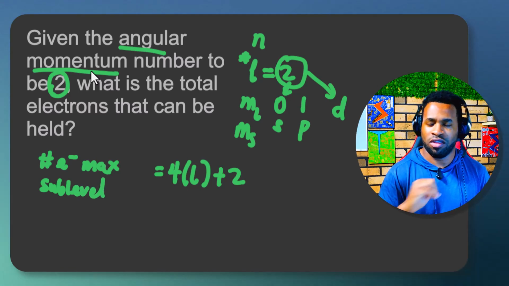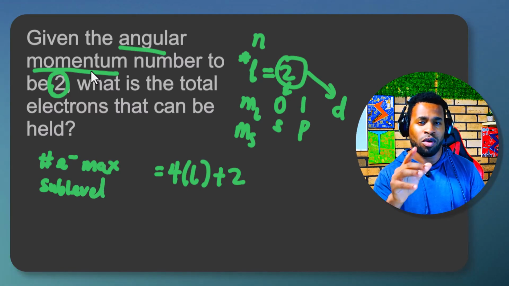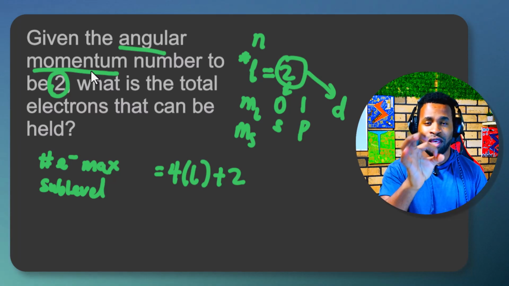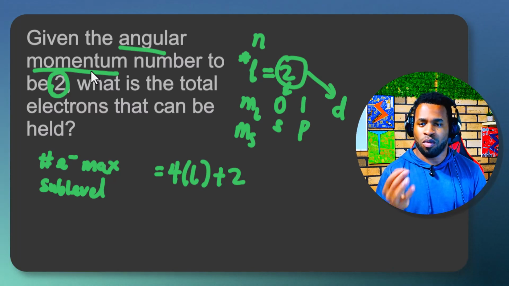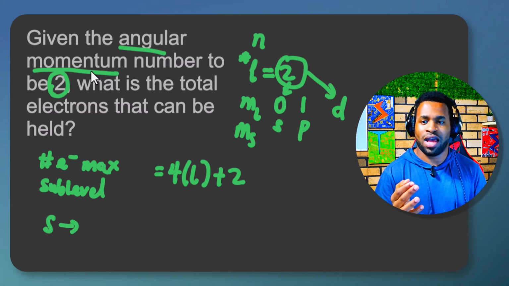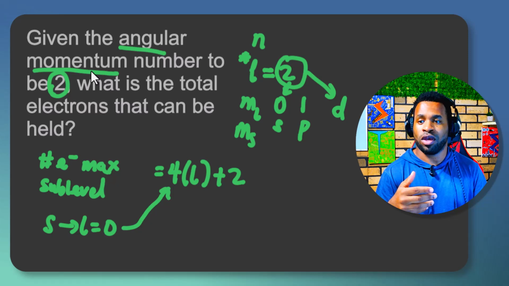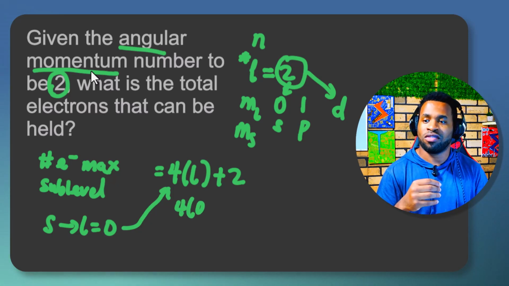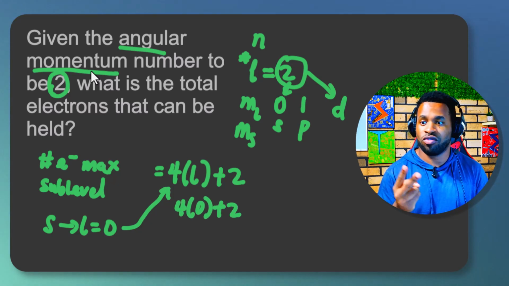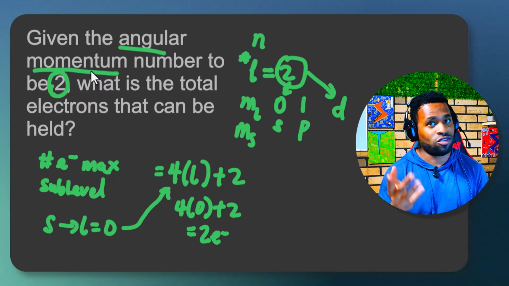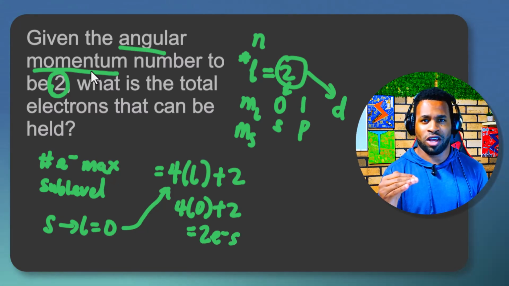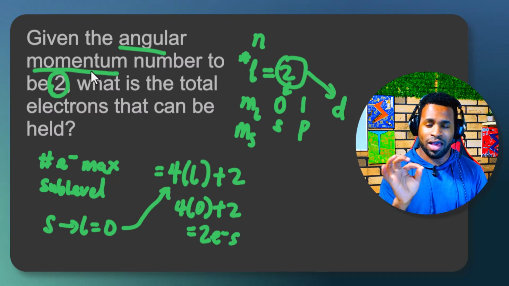An example: let's say we want to determine the maximum number for our s orbital. We know that the s orbital is represented as l equal to 0. When we put this into our equation, we have 4 times 0, which gives you 0, plus 2, which gives you 2 electrons. That is the maximum number of electrons that can be contained in that sub-level.